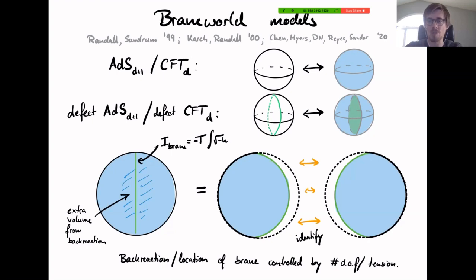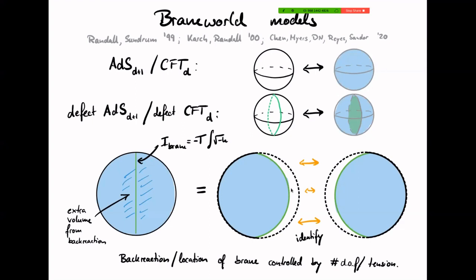But right now, I just want to point out that the true CFT boundary is this black line, which goes around here and then continues around here. Okay, and so the brane really sits in the middle of the bulk. But we'll come to the point that this almost looks like full AdS with just a cutoff, and whether or not there's some coarse graining going on. Okay.